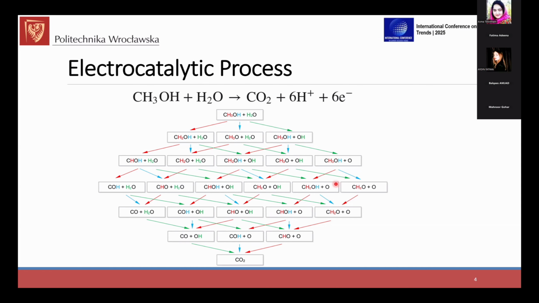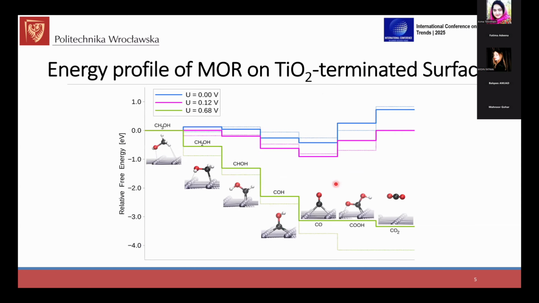This is the energy profile for the TiO2 terminated SrTiO3 surfaces, which compares how the reaction energies change with the applied potential. The blue lines represent the reaction at zero applied potential, the pink line corresponds to the thermodynamic reaction potential, and the green lines represent the minimal external potential required to make all the steps downhill.